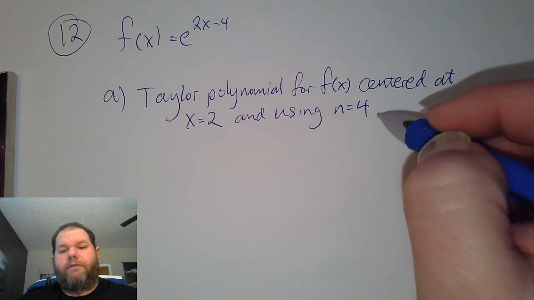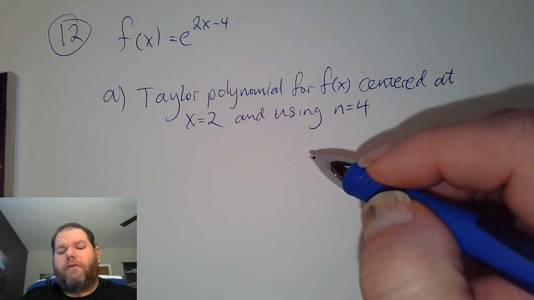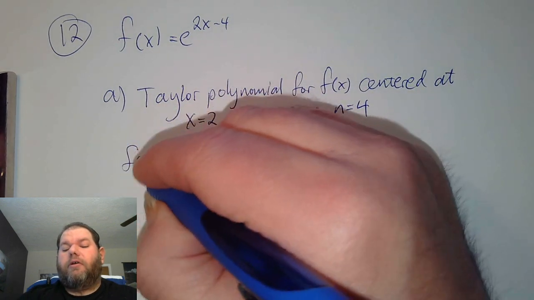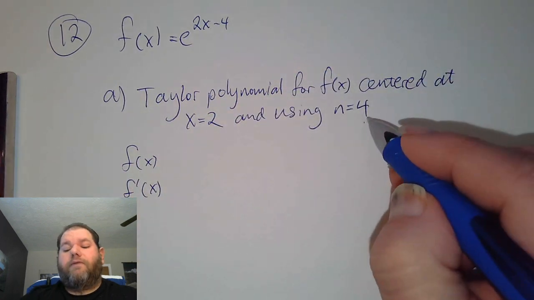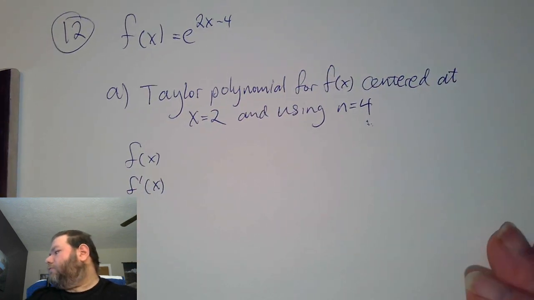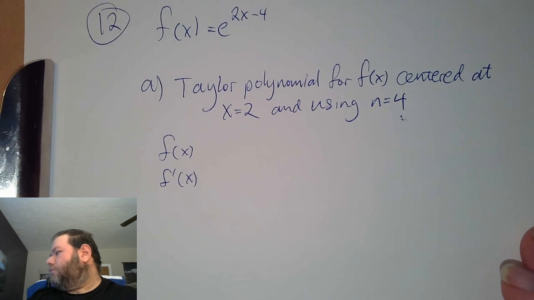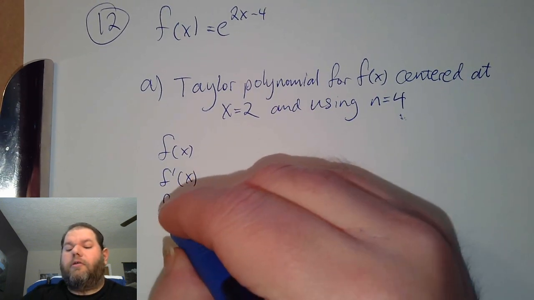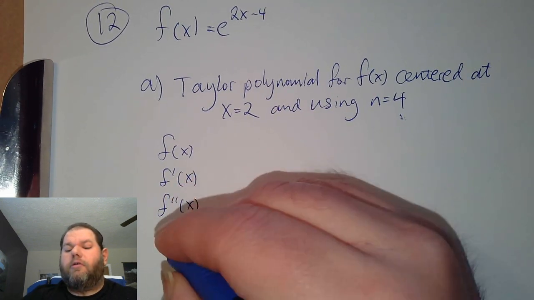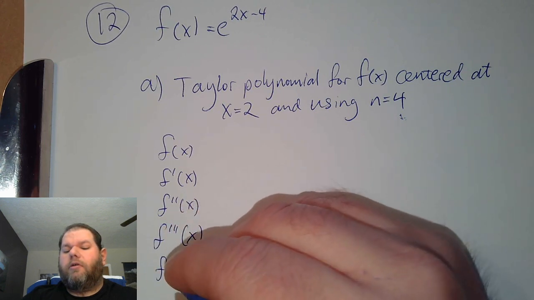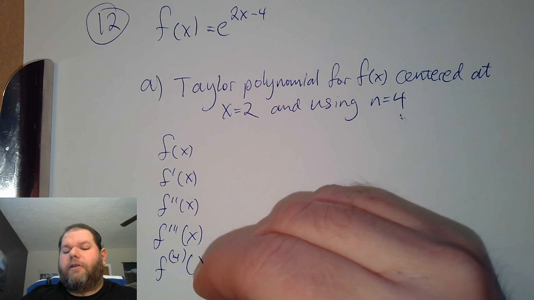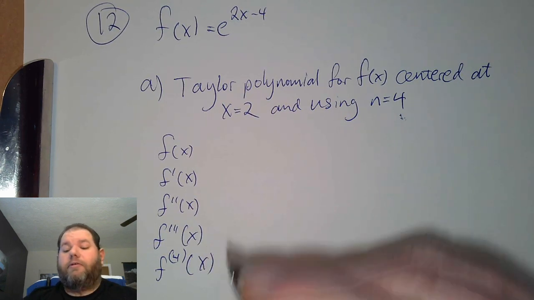That means we'll start with the f of x, f prime of x, and we're going to need 4 derivatives here. Which means we end up with 5 terms altogether.